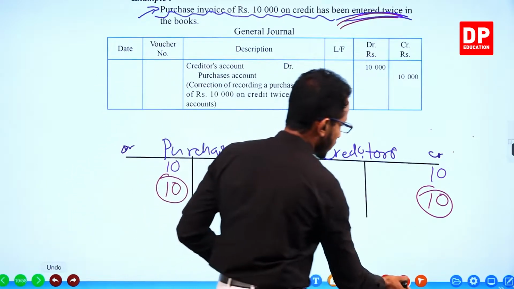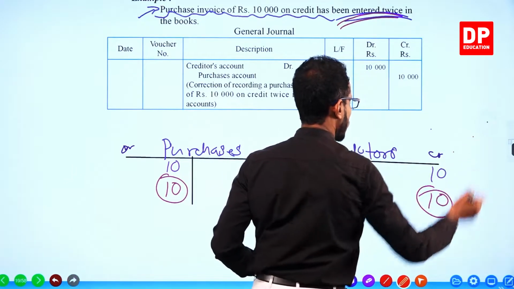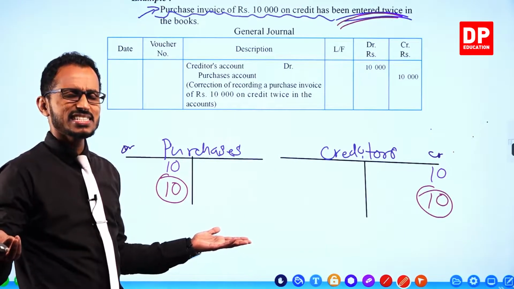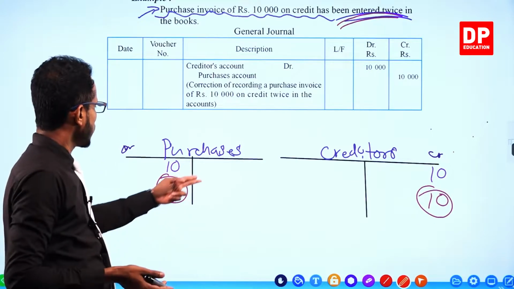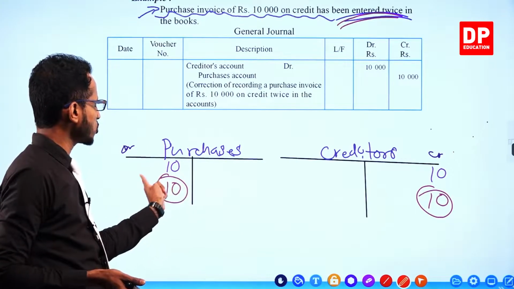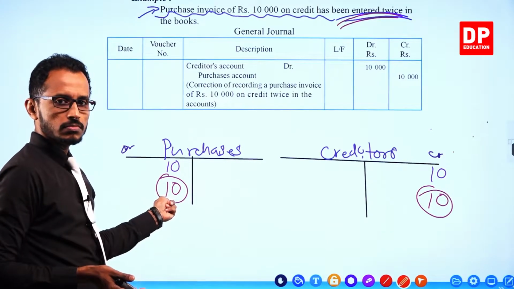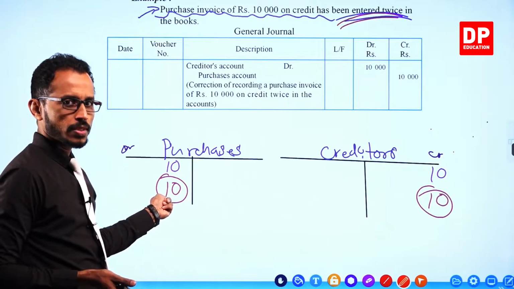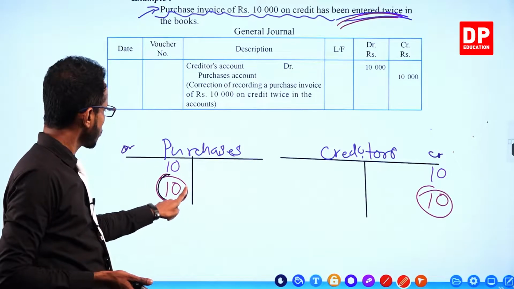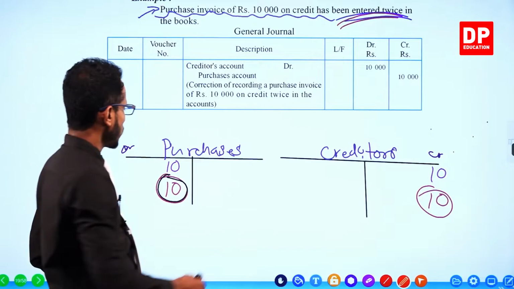And that double entry is what? It is a reverse double entry. If in the purchases account debit side we have a 10,000 which is not necessary, which should be removed, what do you do?